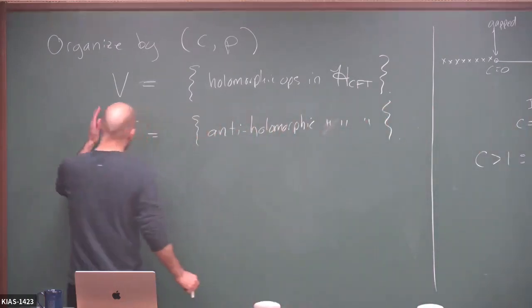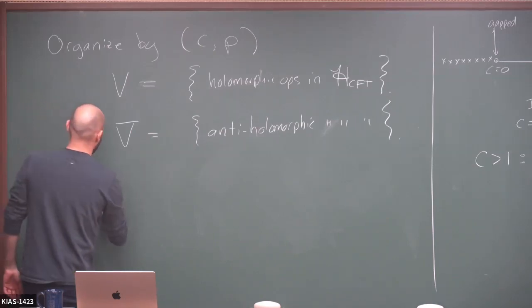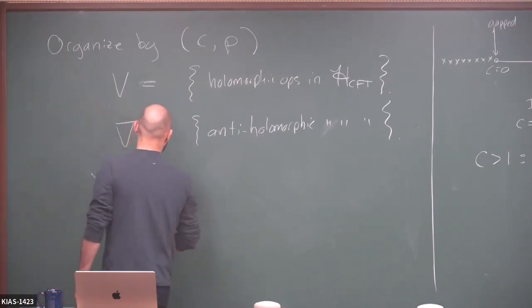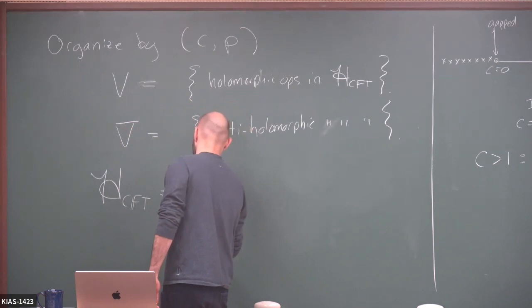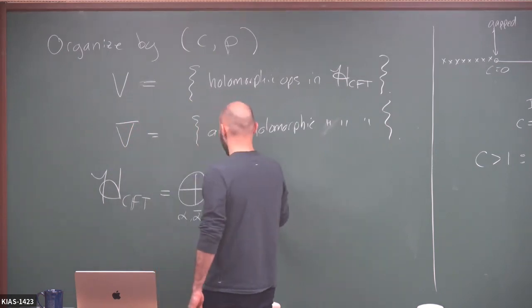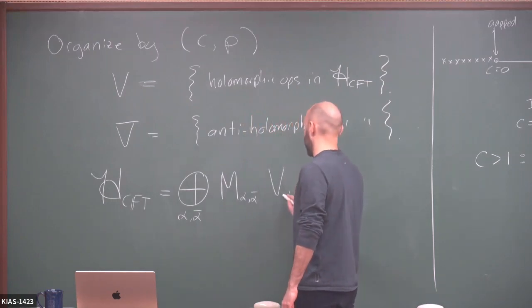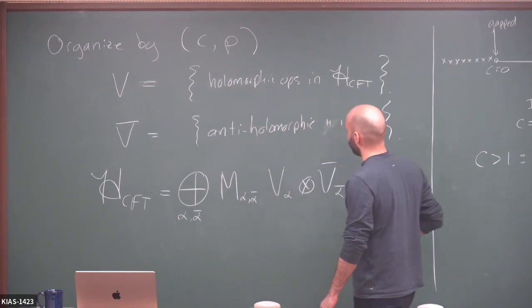And in particular, when you have any kind of symmetry structure, what you want to do is decompose the Hilbert space of your theory into irreducible representations of that symmetry. So let me write that decomposition like this.